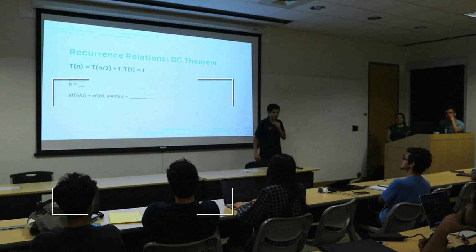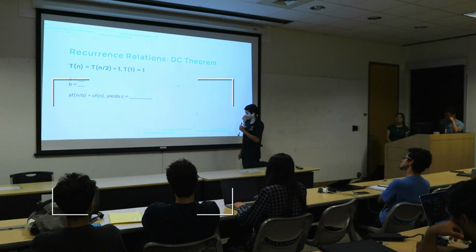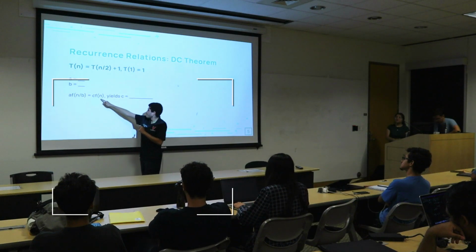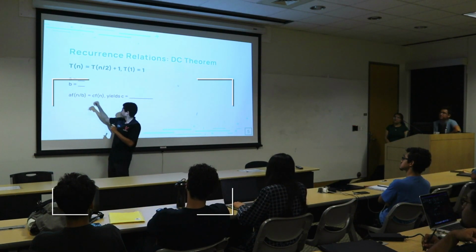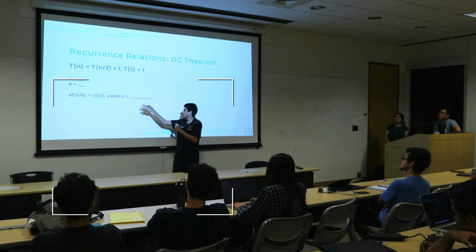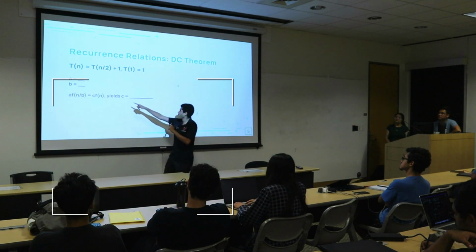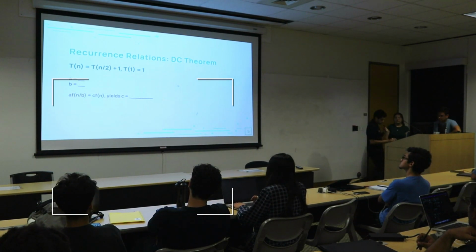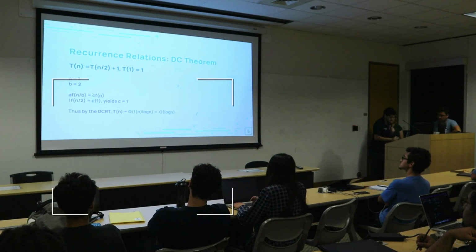Was it 1? 1. Is it Billy who said that? Right. It's 1. So on this side, you're just going to have c times 1, and then it would be like 2 of 1 over, oh, sorry, no, it's 1 times 1 over 2, if I'm not mistaken. Which will yield 1.